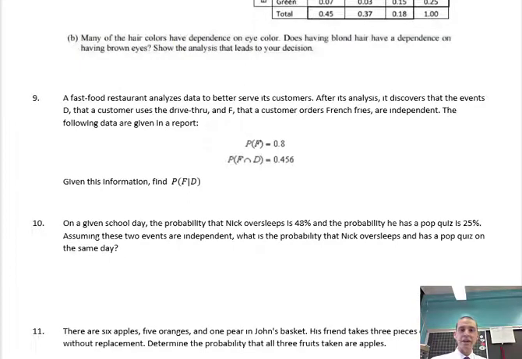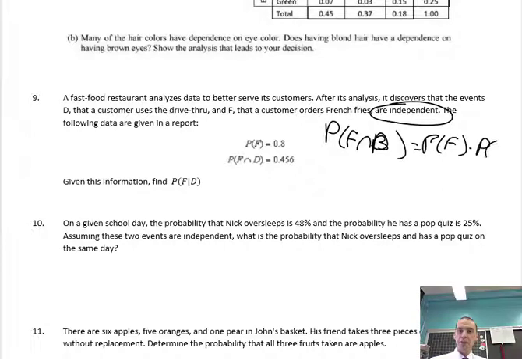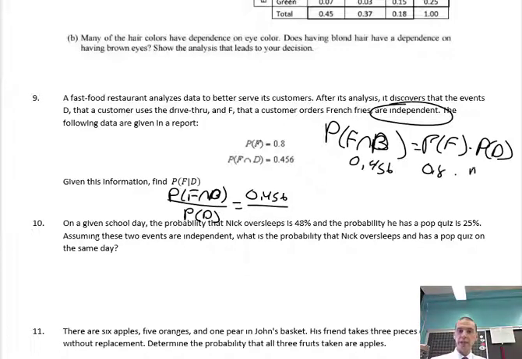For 9, 10, and 11, it's the idea that they are independent. I know I'm moving fast here, but you can always pause and re-watch. If they're independent, then we know the probability of F and D equals the probability of F multiplied by the probability of D. And I need to find F given D, which we know is the probability of F and D over the probability of D. Well, I'm given F and D as 0.456, but I need to know the probability of D. So 0.456 equals 0.8 multiplied by X, and you can do arithmetic for that.